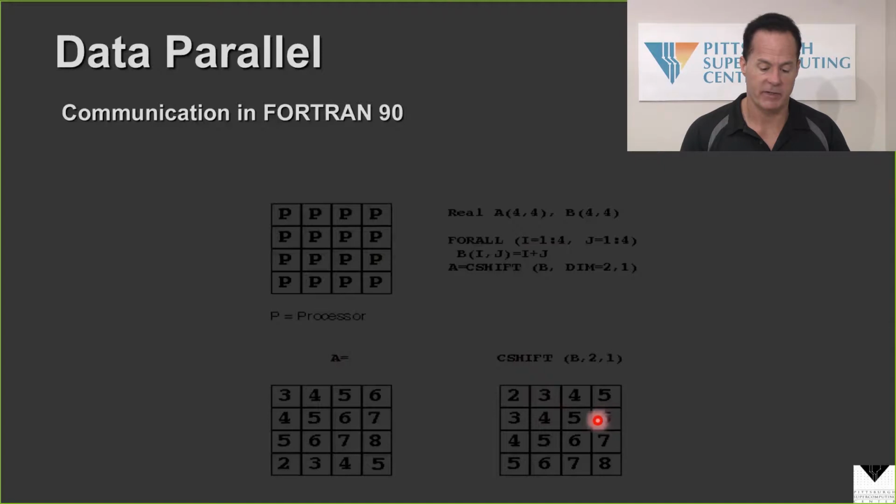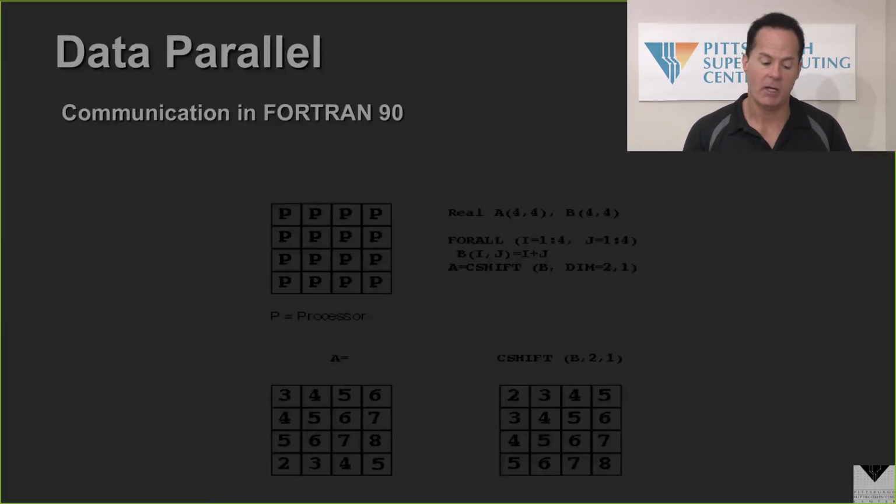It's just sliding all the elements over in some particular direction by some amount, and that's communication that's happened. Data has been sent in the background behind the scenes, and it didn't require the programmer to do too much work right there. As a matter of fact, these things are often built on MPI. These compilers, all the real ones, are built on top of MPI. So behind the scenes, some MPI happened to send data between processors to make this happen.